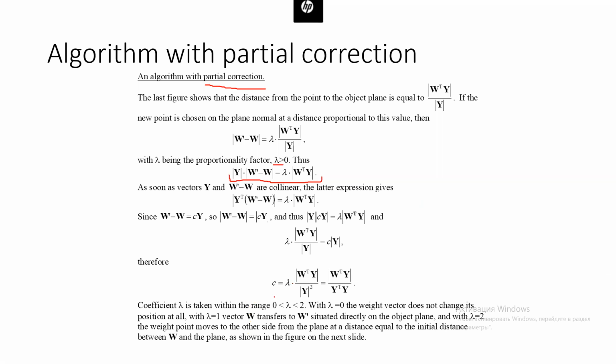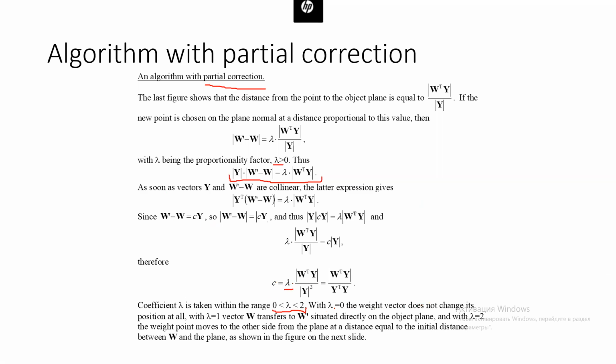So we may estimate the value C by selecting some coefficient between 0 and 2, which produces a more accurate estimation of the weight vector.